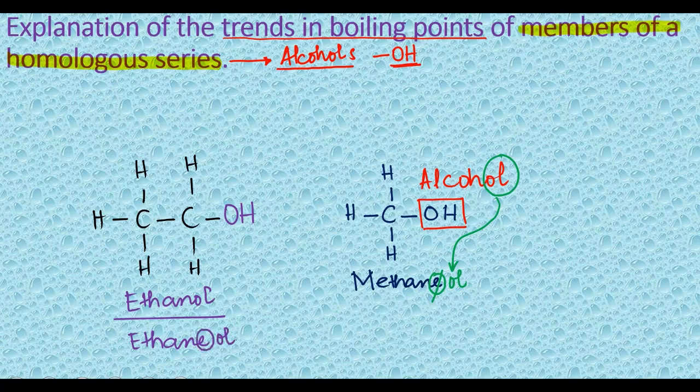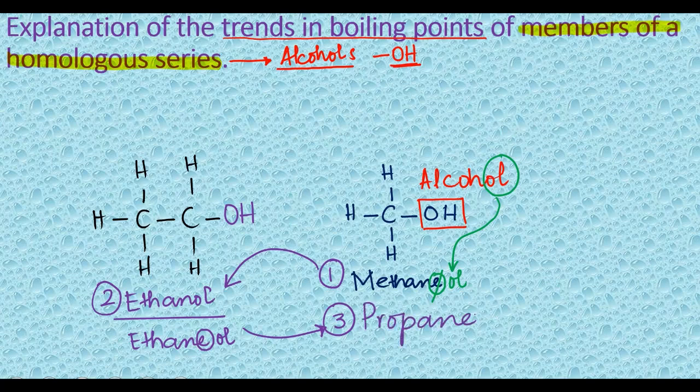So this is another homologous series. We can have methanol containing 1 carbon atom, then ethanol containing 2 carbon atoms. Now predict the name of the third member of this series. Propane is a hydrocarbon containing 3 carbon atoms, and this homologous series will have the next member, propanol.